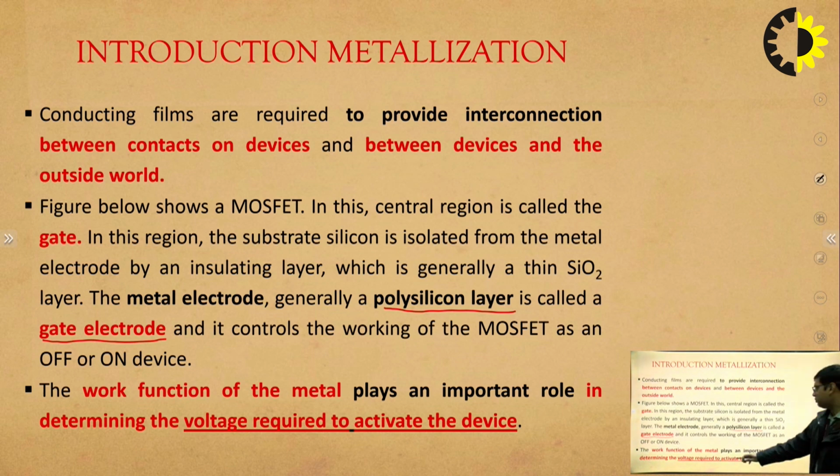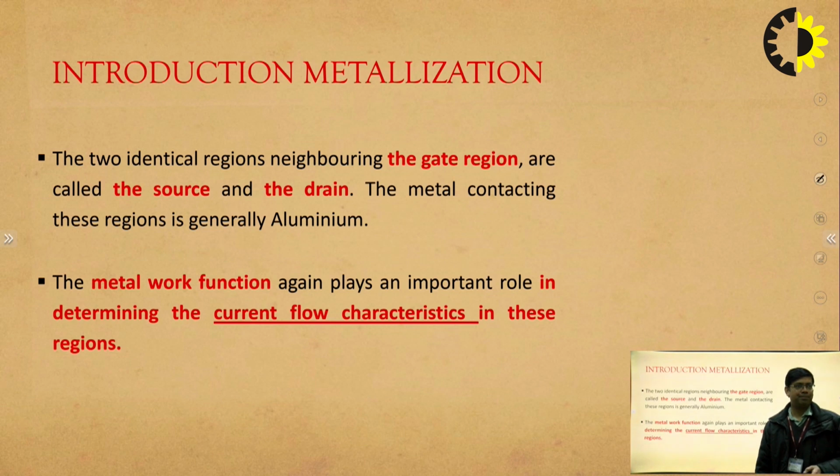The work function of the metal here plays an important role in determining the voltage required to activate the device. It tells the amount of voltage that is required to switch on or switch off the device.